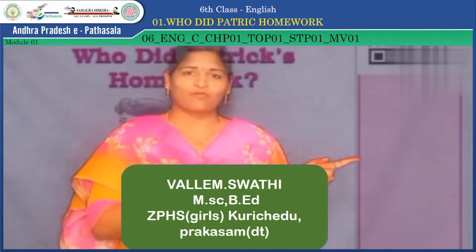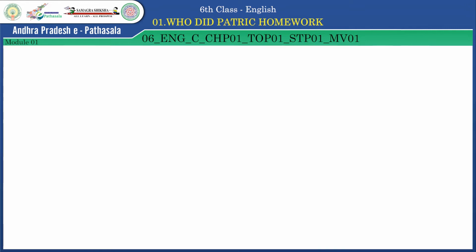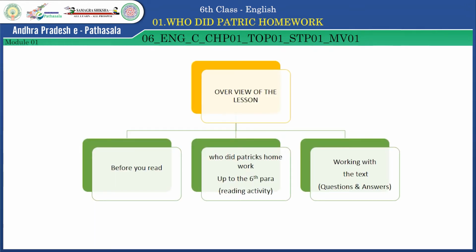Let's see the overview of the lesson. Before you read, Who Did Patrick's Homework, up to the 6th para. Working with the text. Have a look at the learning objectives of the lesson.